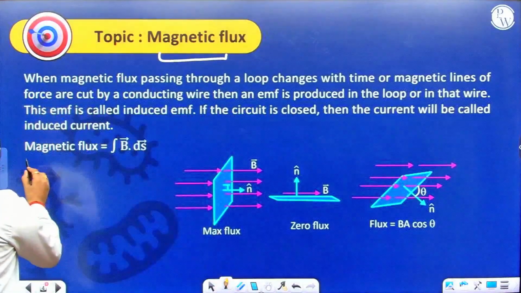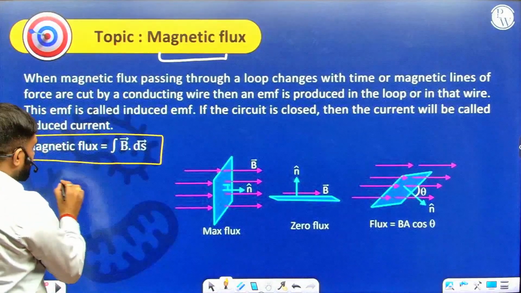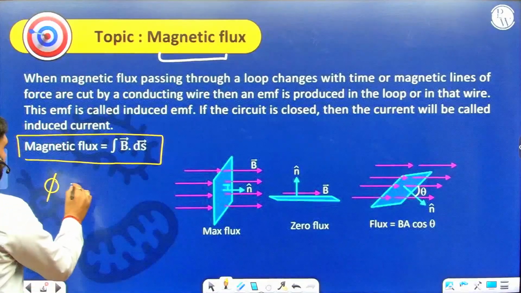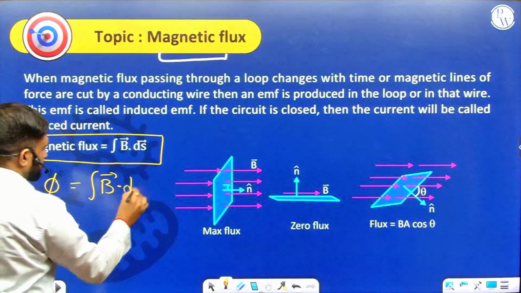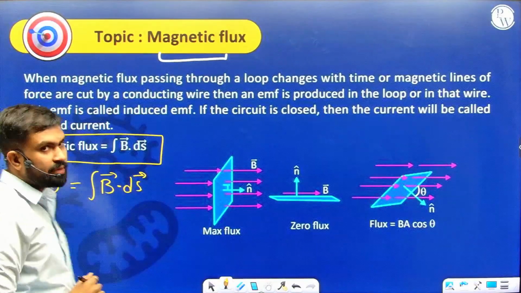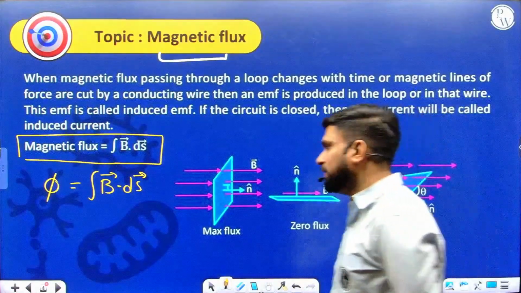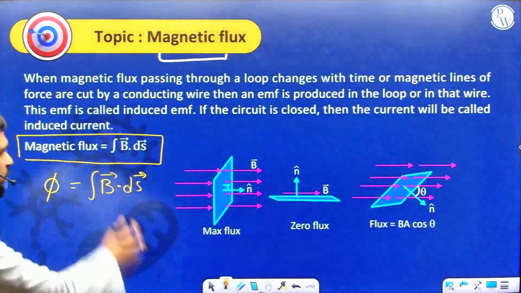So the magnetic flux is defined as the surface integral, and the symbol we generally use is phi. So phi is the integration of B dot ds, where this is the general formula. B is the magnetic field and ds is a little area, a little portion on the surface.